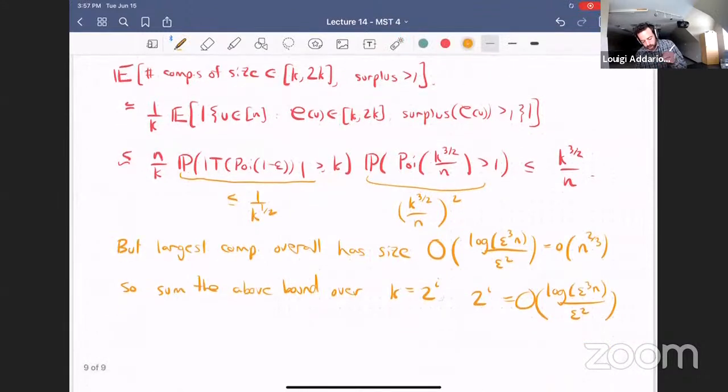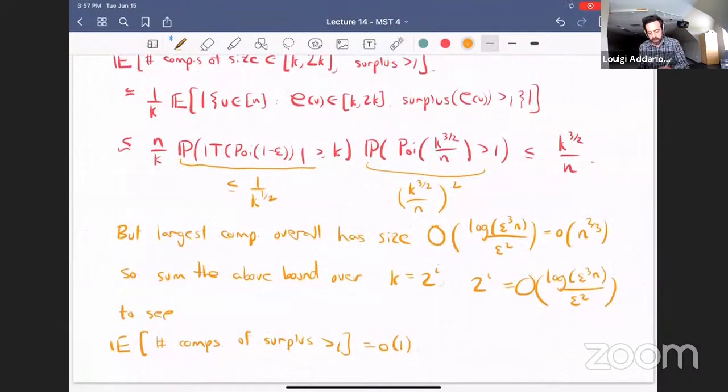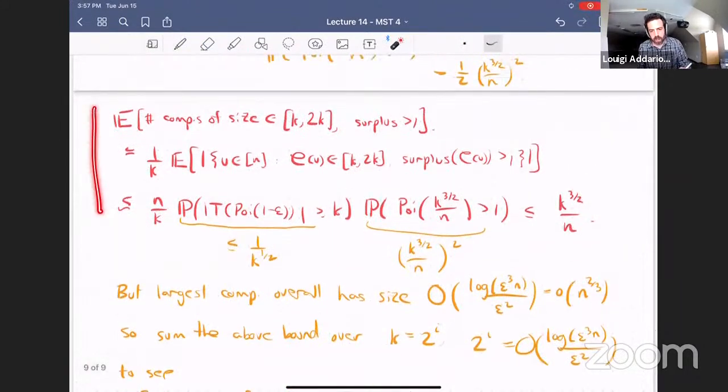So the total expected number of components of surplus greater than 1 is little o of 1. Okay, so I hope that step might not have felt too hasty, but the method here is really fairly straightforward.